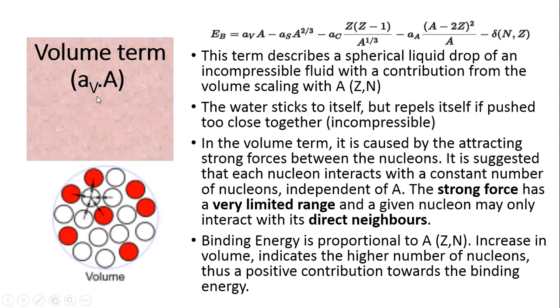So the first term is the volume term, and A_V is the constant for the volume term, and A is the mass number of the nuclides.